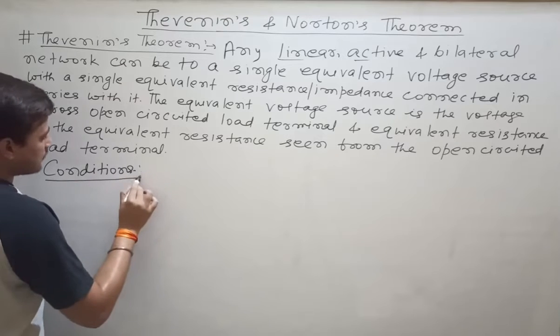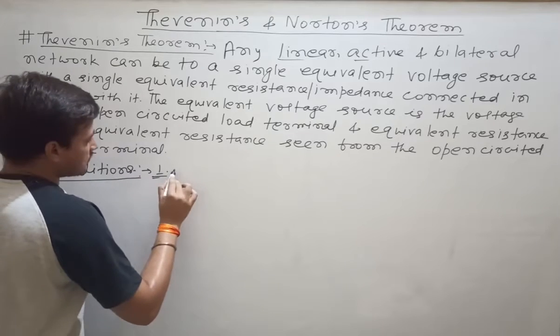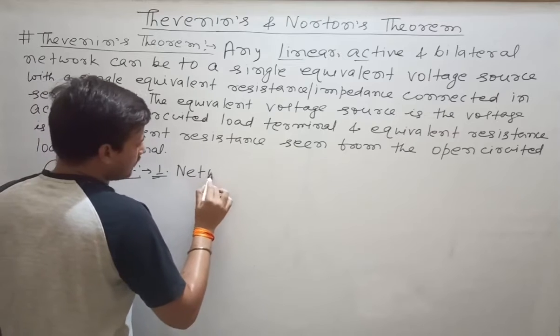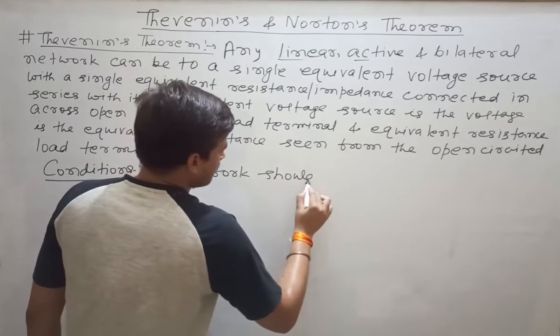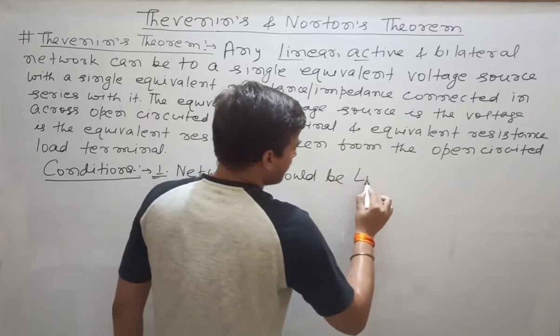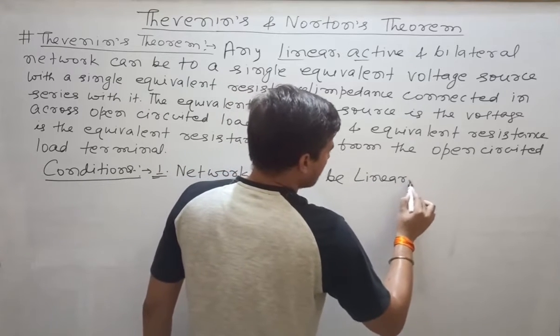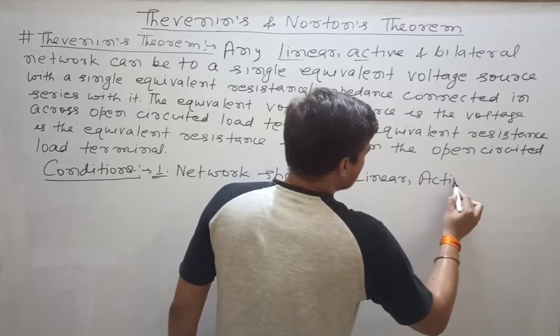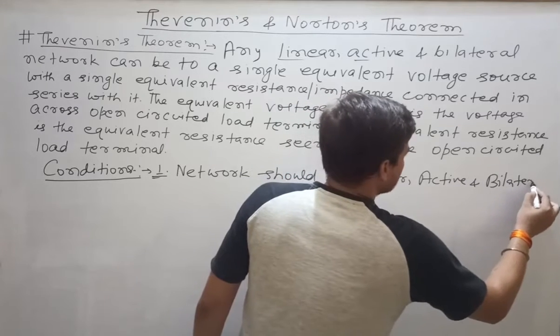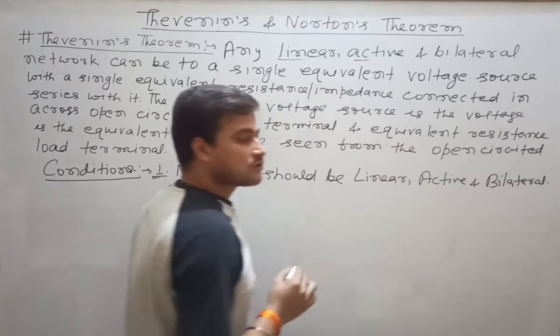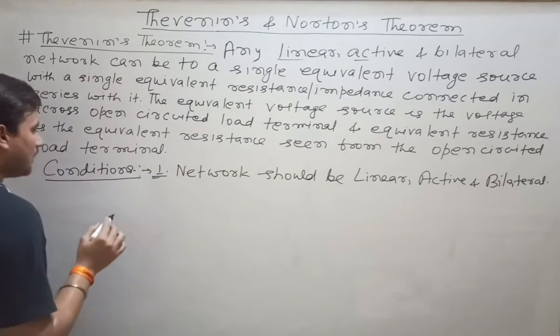First condition is the network should be linear, active and bilateral.